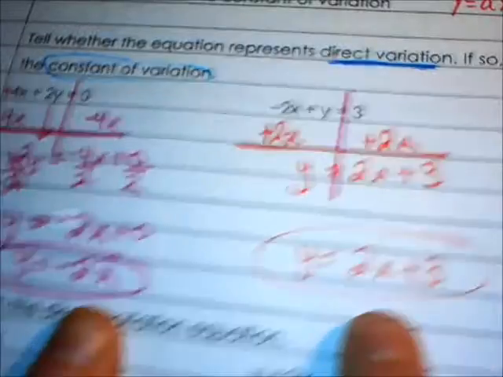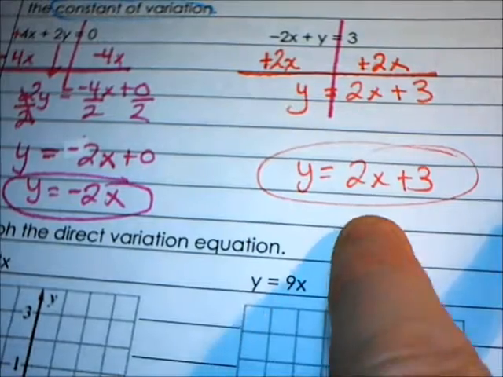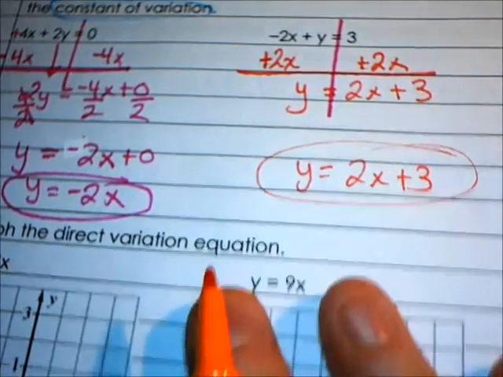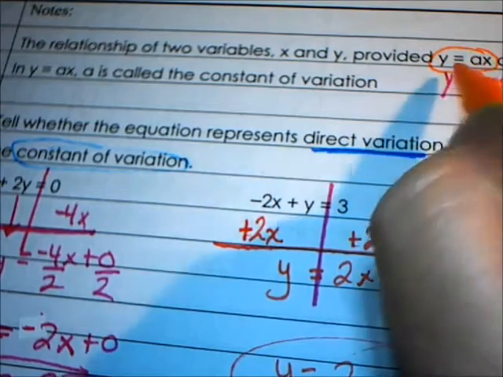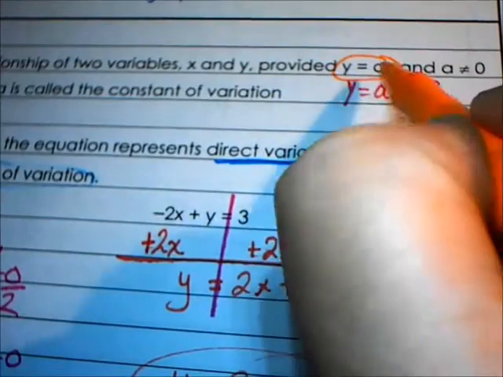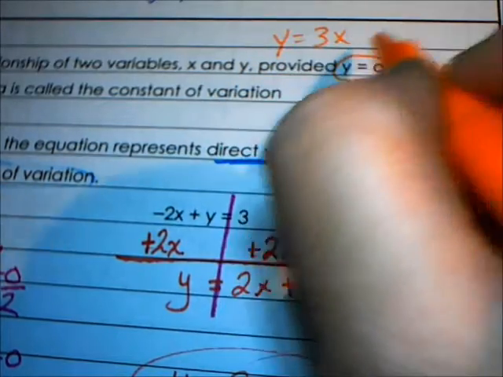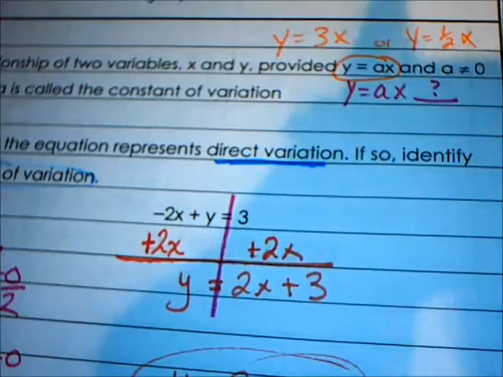So, if I'm looking at the two, I have two examples. One is and one is not. Which one is it? Well, up here, we said that our direct variation equation was y equals ax. That would be like y equals 3x, or y equals 1/2 x, or y equals negative 10x.